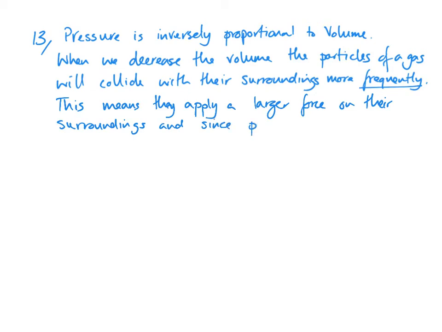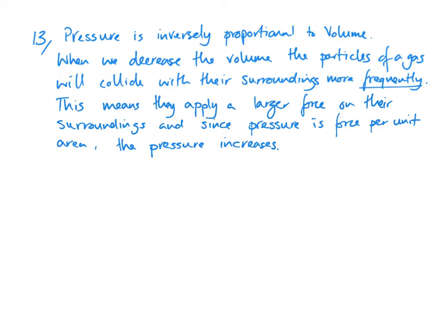and since pressure is force per unit area, notice we're introducing a definition there to justify. So if the force is increased, the pressure increases. Now there might be slight changes in the area when you change the volume.